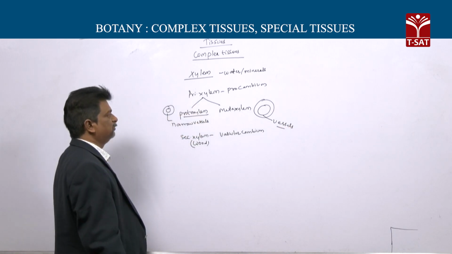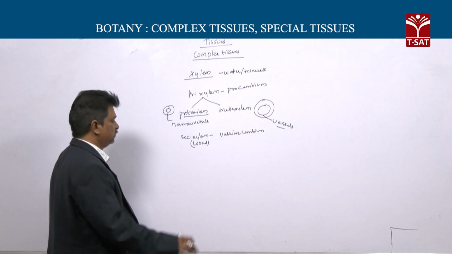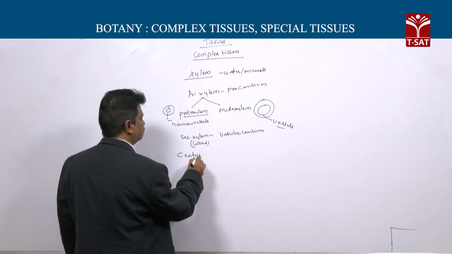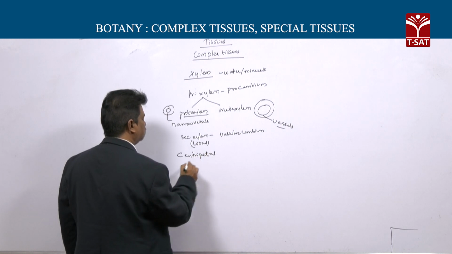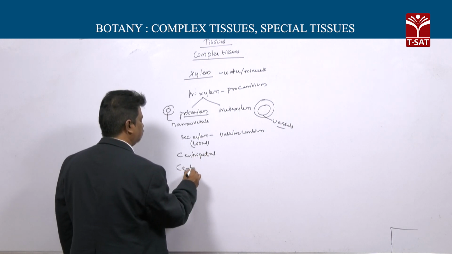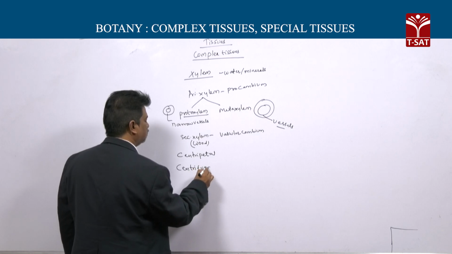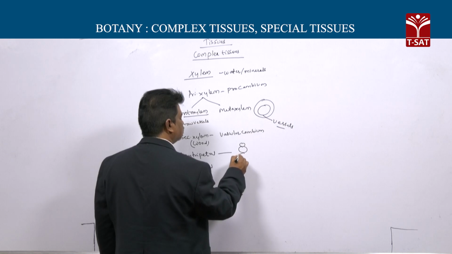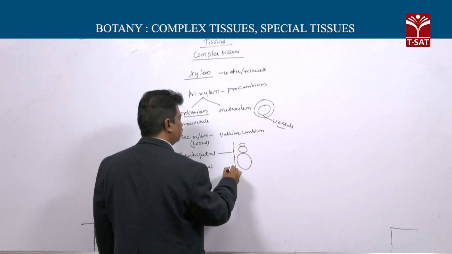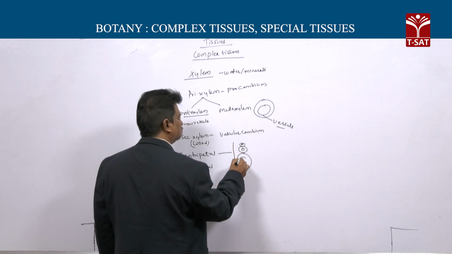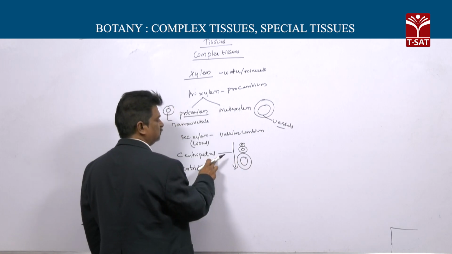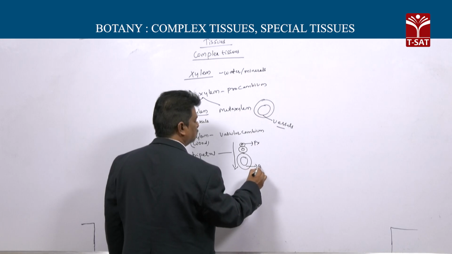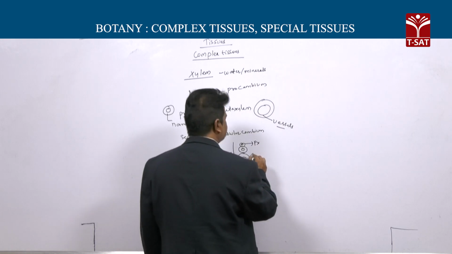Then xylem differentiation. Xylem differentiation is of two types. One is centripetal and the second one is centrifugal. Centripetal means xylem differentiation is from periphery to center. So in centripetal, protoxylem is towards outside and metaxylem towards inside.